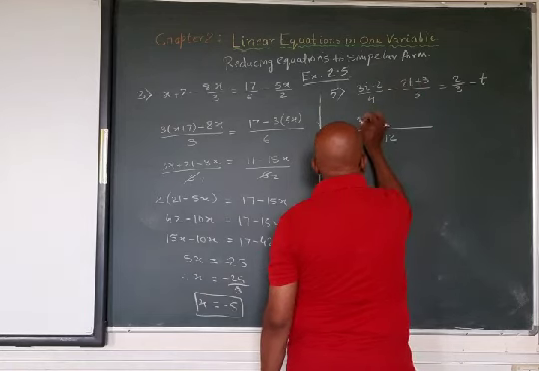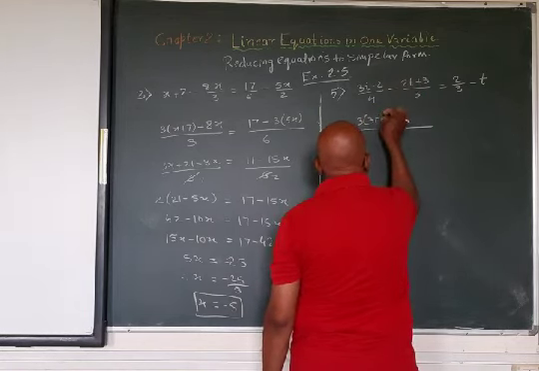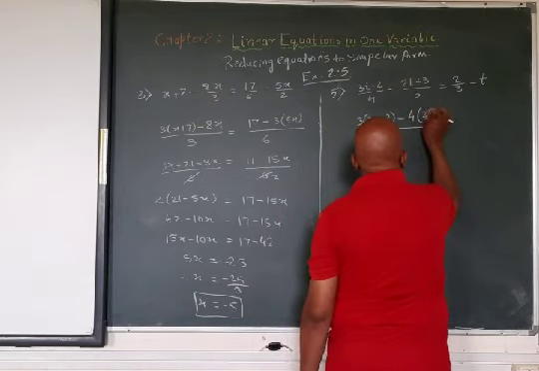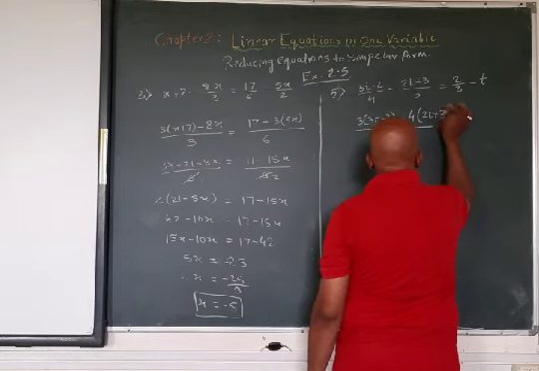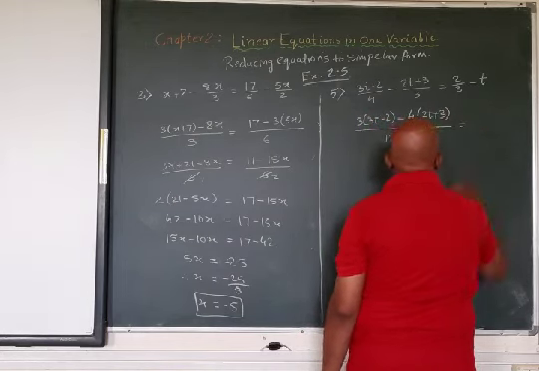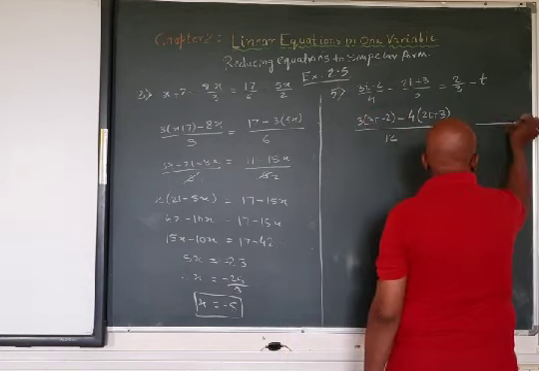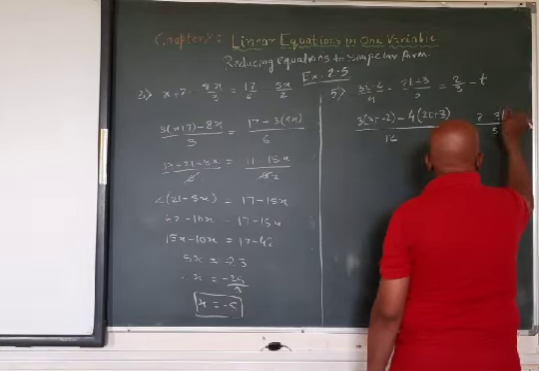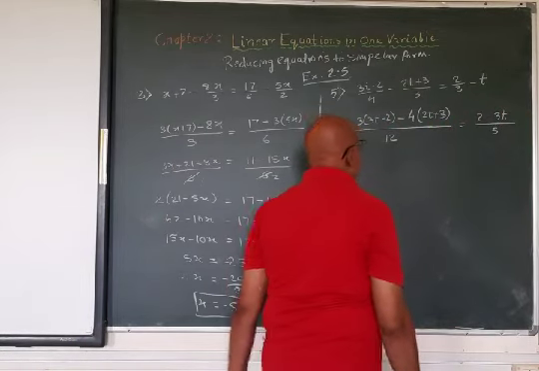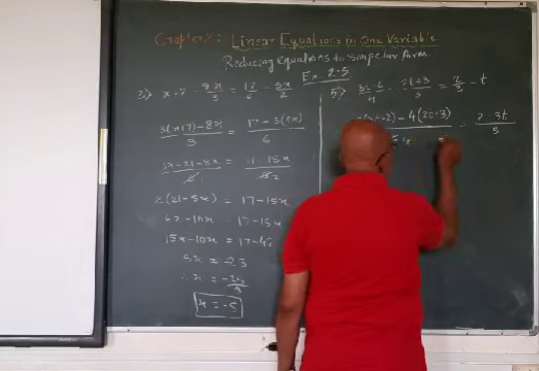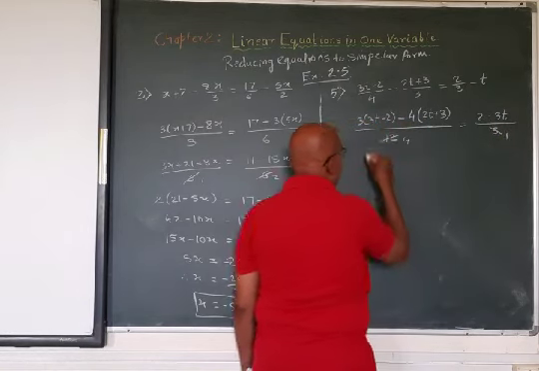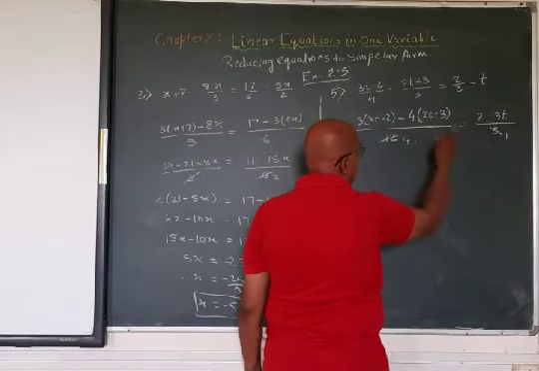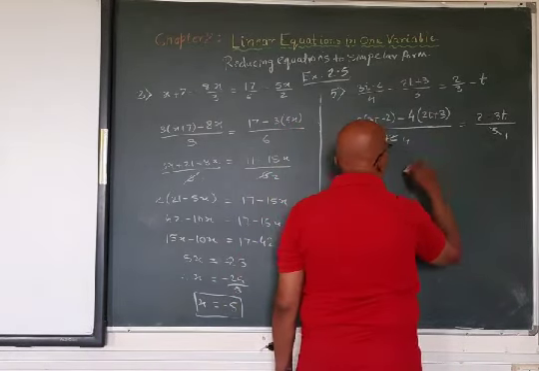So we have 3 multiplied by (3t minus 2) minus 4 multiplied by (2t plus 3) equal to, here obviously 12 is there, 2 minus 3t. So here 4, 1. So what we get here, this term will remain as it is, that is multiplied by 1 and this is multiplied by 4.